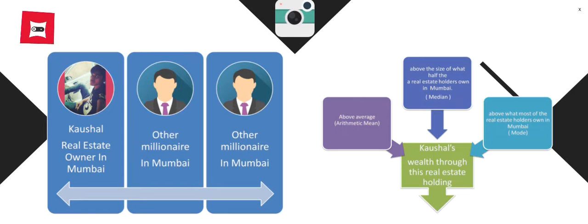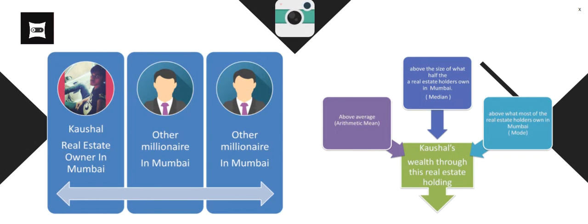So Kaushal will sum up all the real estate of all the real estate holders in Mumbai and divide it by the number of real estate holders and arrive at the arithmetic mean. And from the arithmetic mean, he can easily conclude whether he is above average or below average in Mumbai.